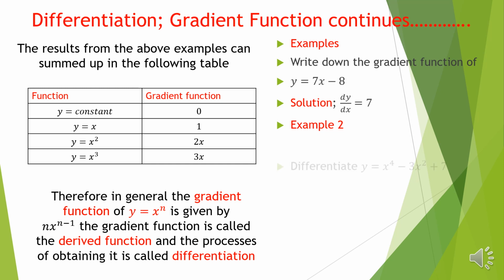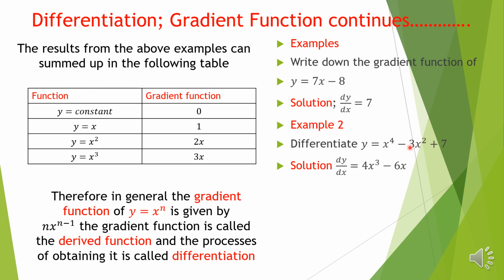Second example, we are told to differentiate this particular function, where y equals x^4 minus 3x squared plus 7. So the differential of x^4: we take 4 back here, and we subtract 1 from the power. By so doing, we have 4x cubed. Then on the second part, we take 2 back.